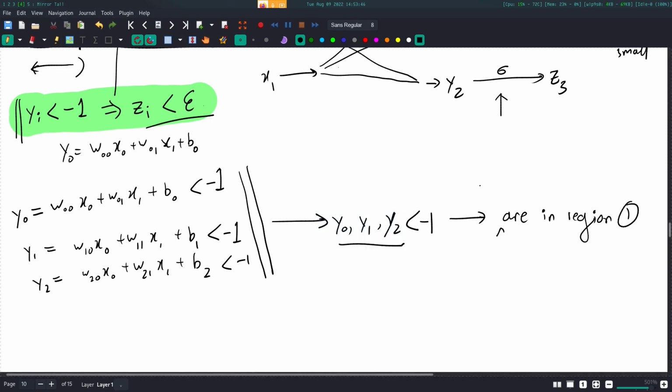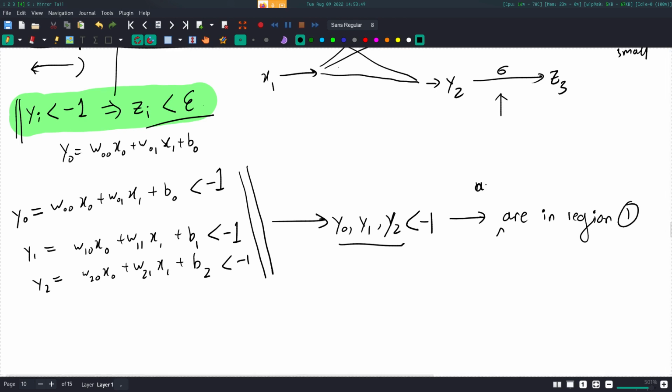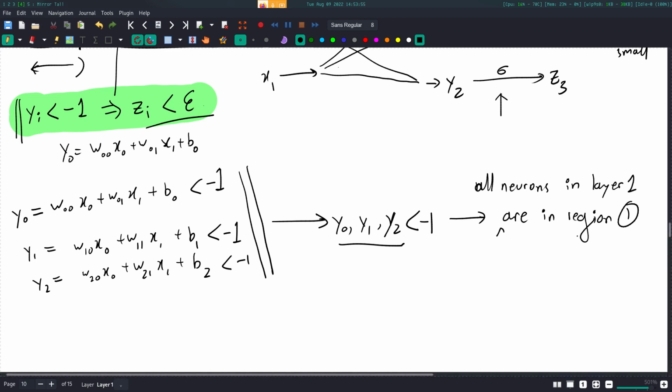Which means that all neurons in your first layer are going to be in region 1, right? Is this okay? Yeah. So this is basically what I'm saying.